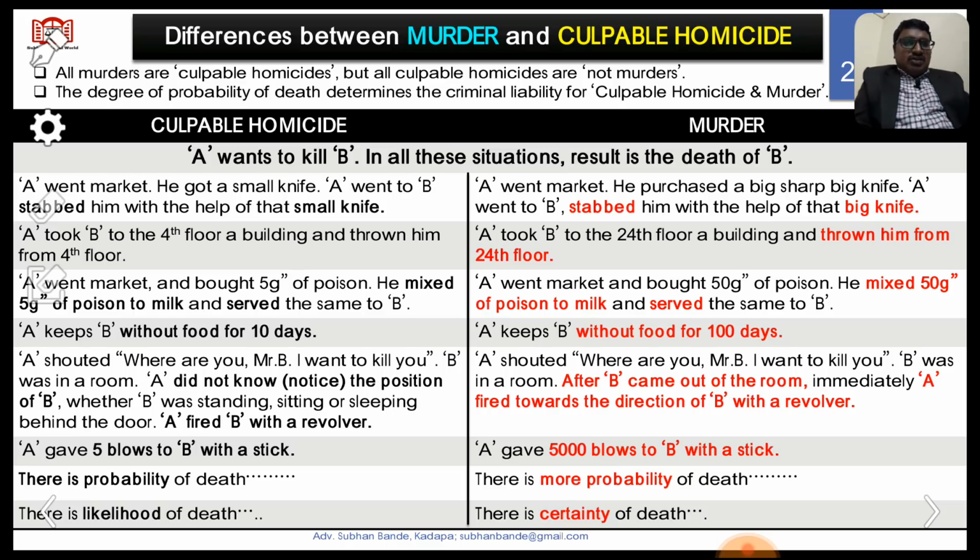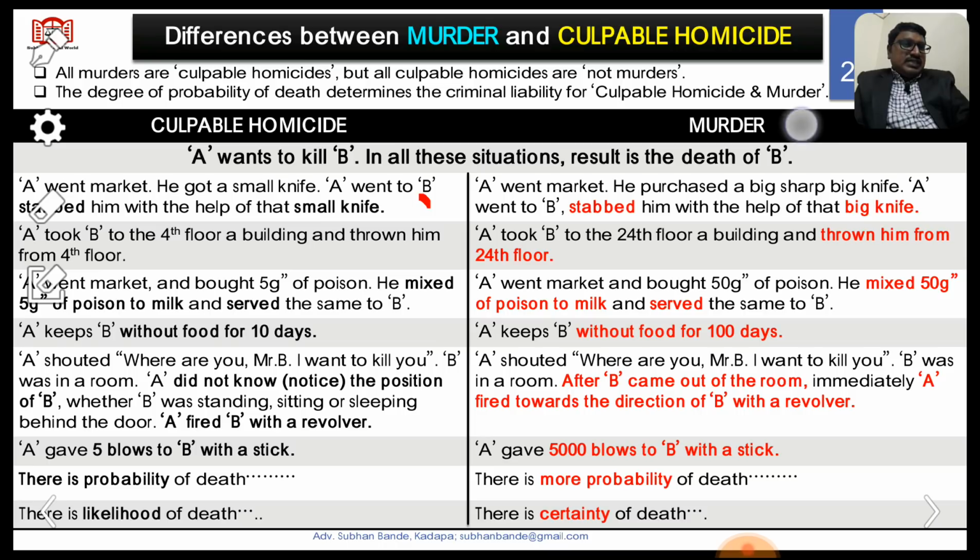In situation 1, A went to the market and got a small knife. Then A went to B and stabbed him with that small knife.